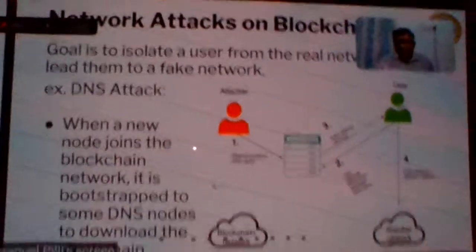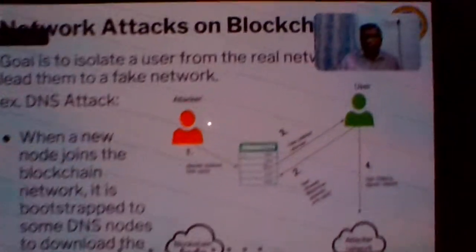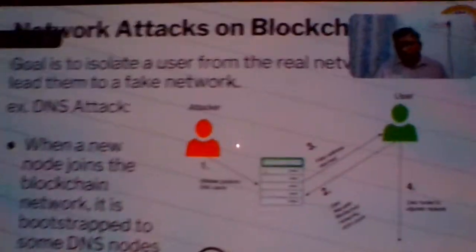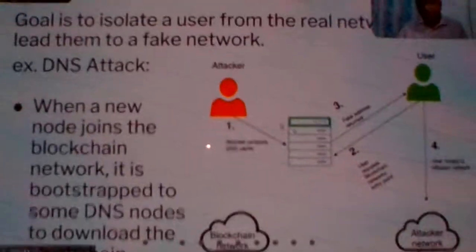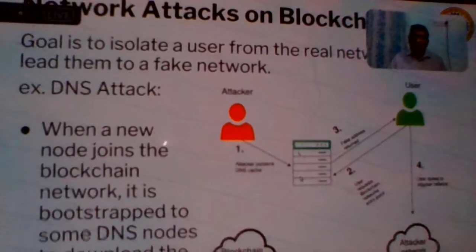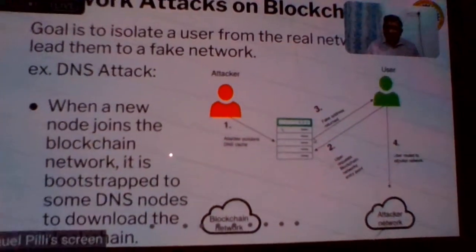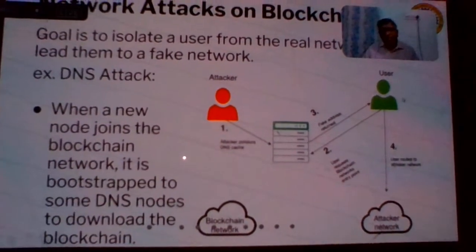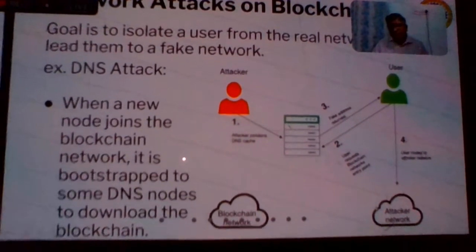So this is the actual blockchain network. I should go here, the DNS server should direct me here. But what is the DNS server doing? The user wants to go to the blockchain, but the DNS cache has been poisoned. So when I go here and ask for an address, this cache poisoning will return a new address. This is a different address.